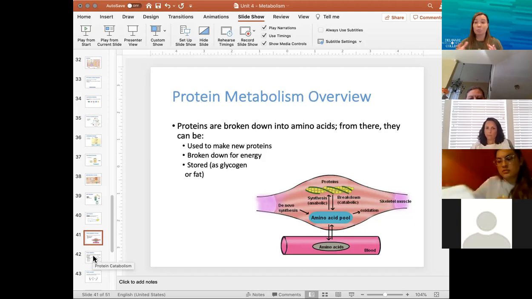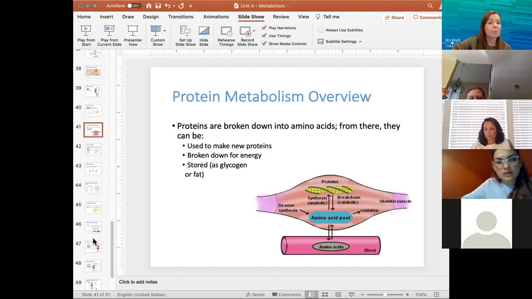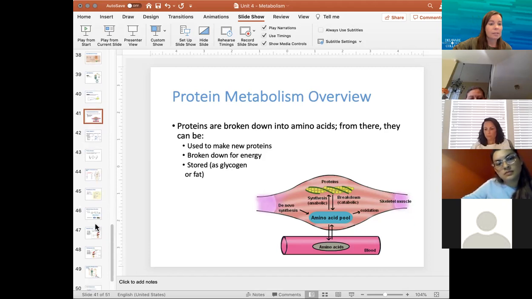And typically the rate of breaking down these molecules is the same as the rate that you're making new ones. So everything stays pretty much the same.